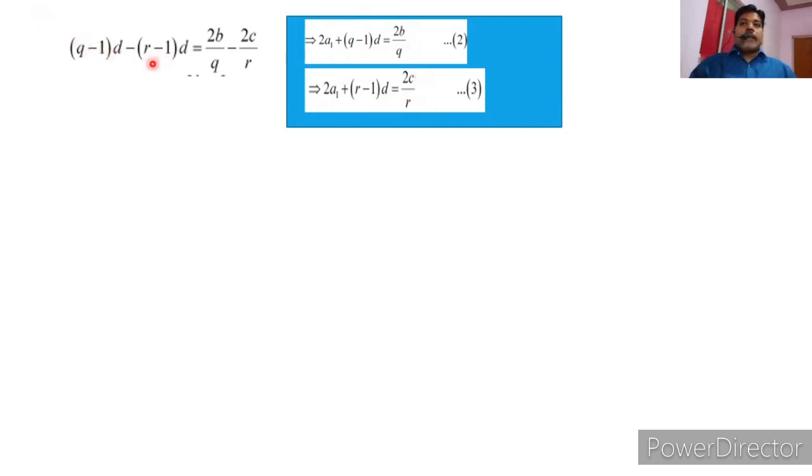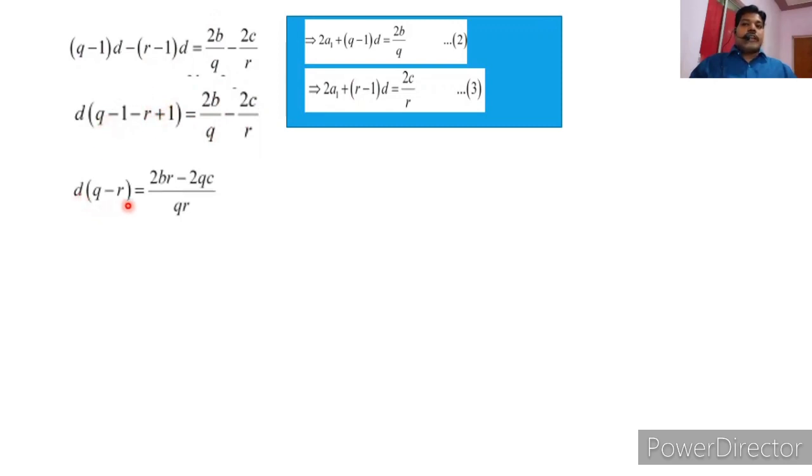Take d common from these two terms: d into (q minus 1 minus r, minus of minus becomes plus 1) is equal to 2b by q minus 2c by r. Here minus 1 and plus 1 will be cancelled.